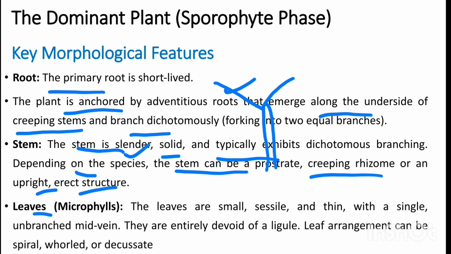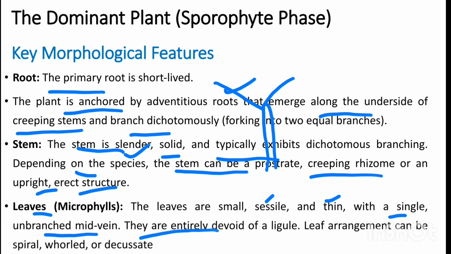Then the leaves are called microphylls, that means very small in size. Sessile, they do not have any stalk. Thin, very thin, with a single unbranched mid-vein. Generally angiospermic leaves have a mid-vein and veinlets, but Lycopodium species do not have any veinlets, they only have a mid-vein.